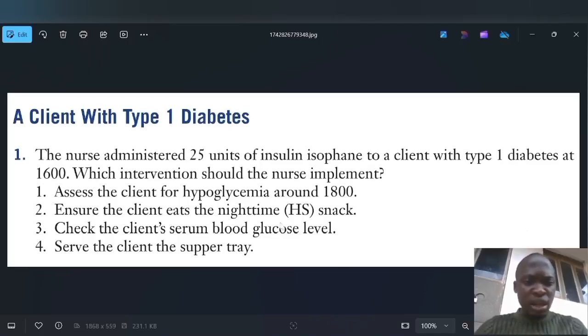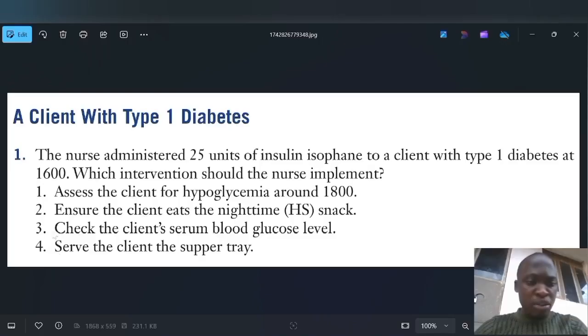So let's first look at the other options. Number 1, assess the client for hypoglycemia around 1800. This is 2 hours, which is regular insulin. So this is regular insulin, which takes 2 to 4 hours to cause the hypoglycemic effect. So that's not right.